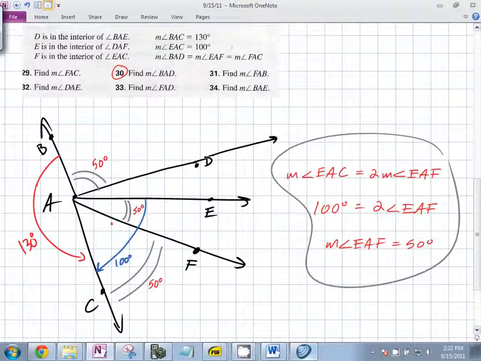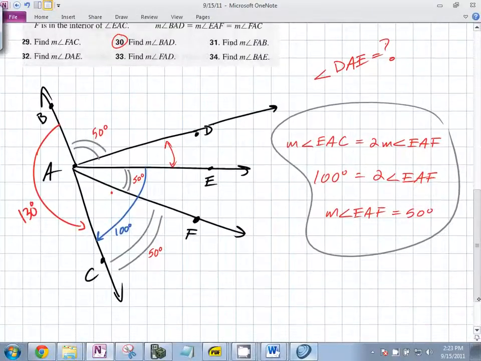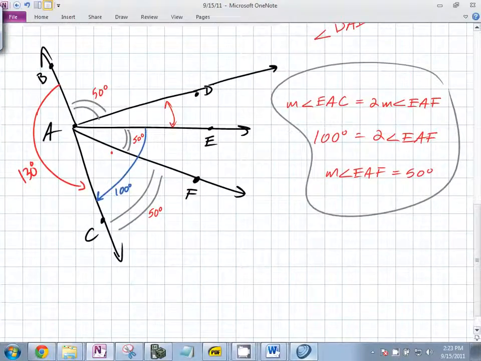Can you tell me what this angle is? Just a side question, what's DAE going to be? What do you think it's going to be? 110. Why do you think it's 110? Because 360 minus 130 is 260, minus 150. Yeah, how many angles do we have here? We have 130. And how many 50-degree angles do we have?